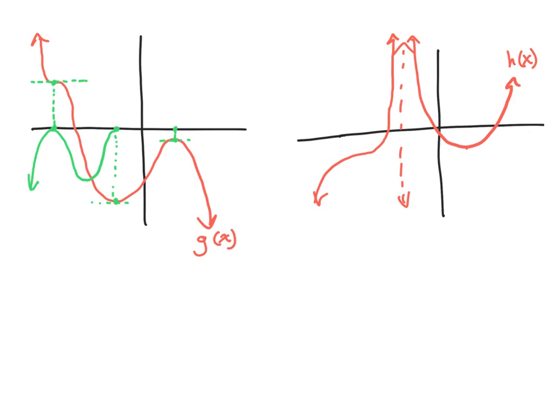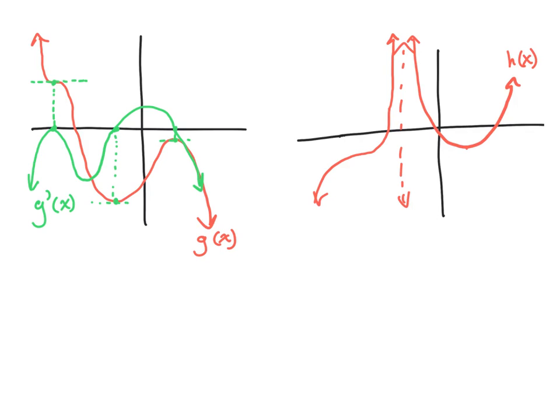So it looks something like that. There we go. But then to the right of this 0, the function goes back to decreasing, which means the derivative would have to end up back under the x-axis. So here we have g prime of x.